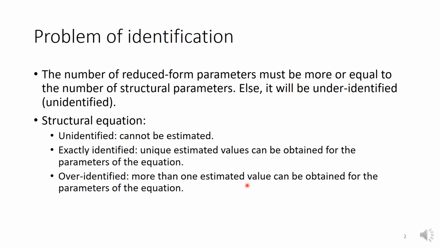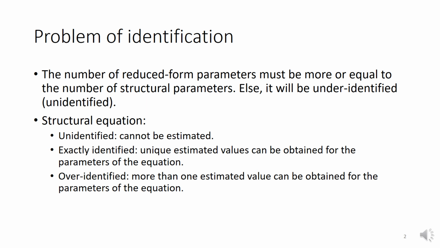You can think of it in terms of math: when you have a simultaneous equation, you want to solve for the variables. If you have 3 variables, then you need 3 independent equations to get unique solutions for your variables.